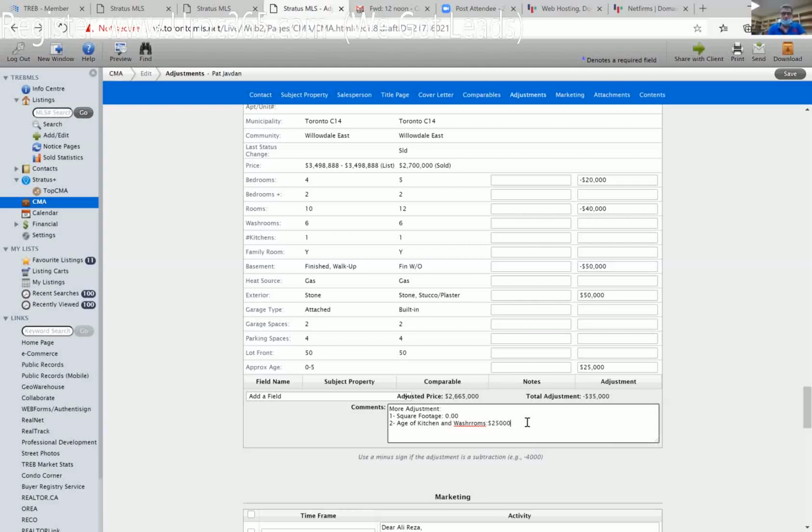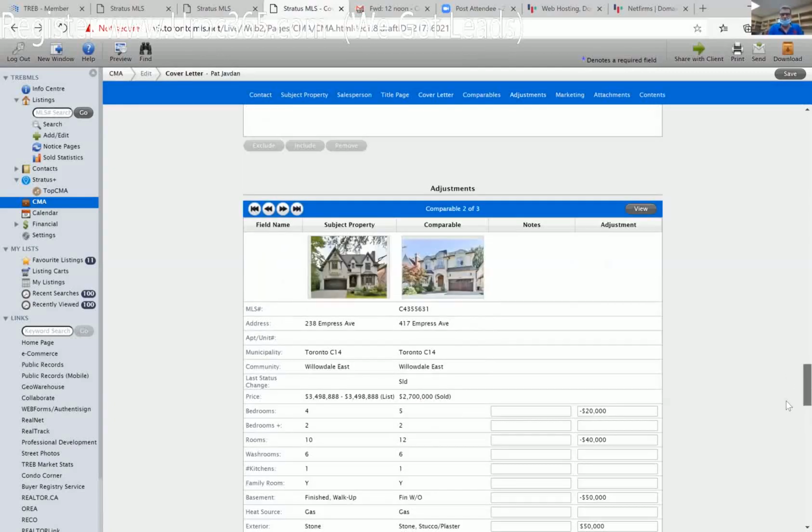What else? Market watch. That 8% increasing from last year till now. You see that comparable property was 2,700,000.